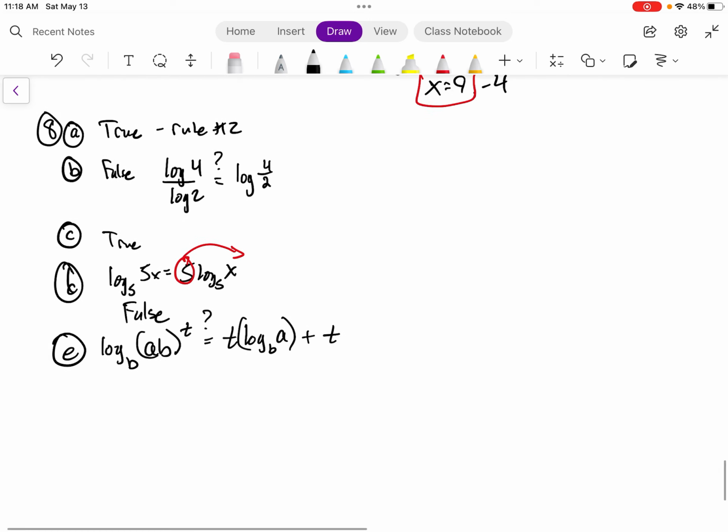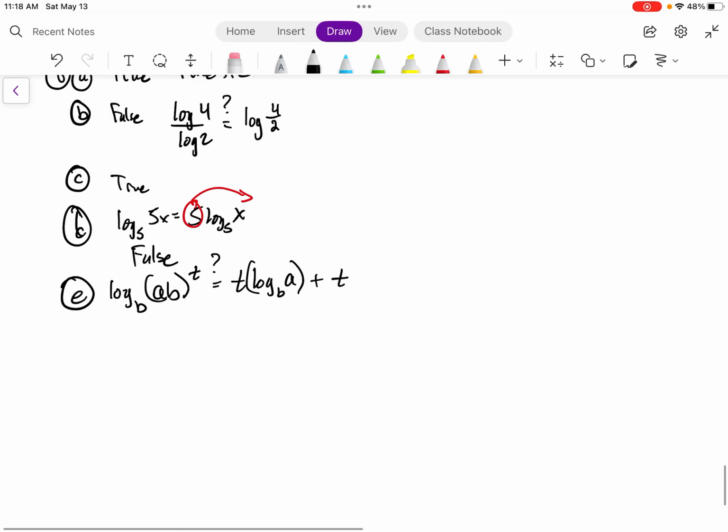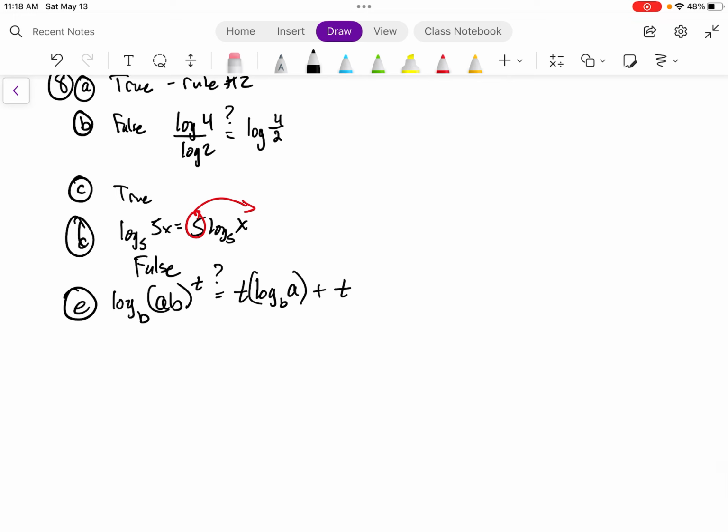So this thing on the left, we can move the exponent out to the front. And then what can I do with this ab? I can split it up. So I can say this is t times log base b of a plus log base b of b. And what is t times log base b of a? We have no idea. But what's log base b of b? We just talked about that. That's just 1.